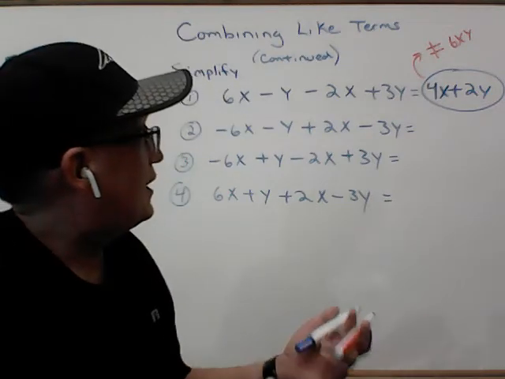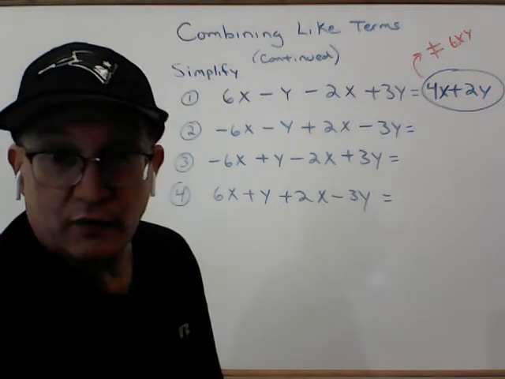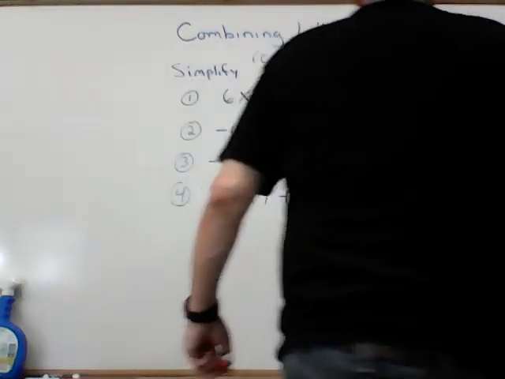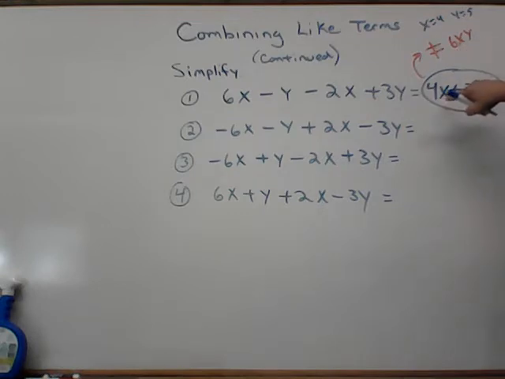All right. Once again, we could easily prove it by taking, let's take 4 again, 4 for x and 5 for y. So let's say x equals 4, y equals 5. Well, this thing up here, which is not the same as 4x plus 2y, 6 times x times y, 6 times 4 times 5 would be 120. Right? 6 times 4 is 24, times 5 is 120.